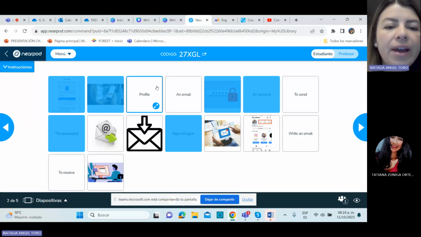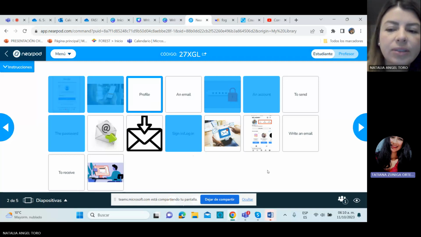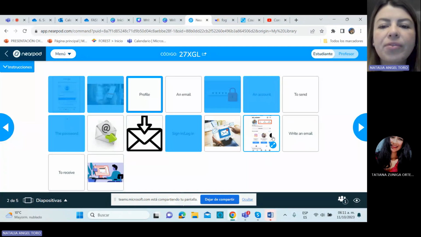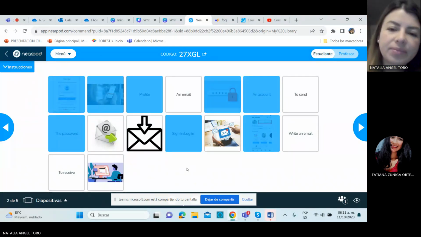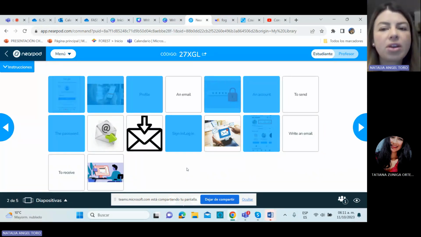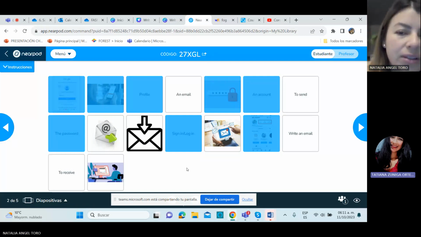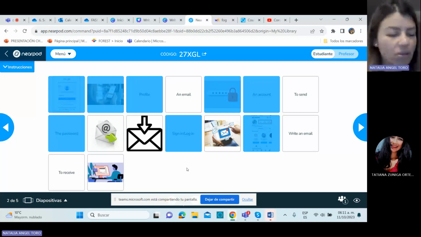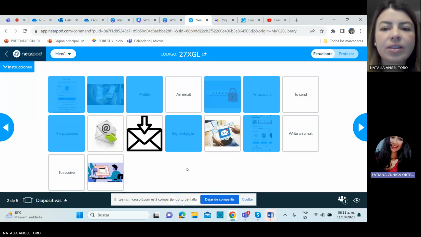What about profile? The one in the second row, almost at the end. That one. Okay, this one. And what is a profile, Tata? What do you think a profile could be? Just give me some words or synonyms or an explanation. User. Try to do it in English. Just try to describe. Do you have a profile?